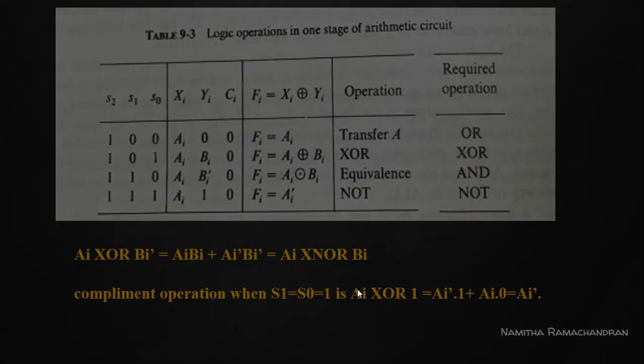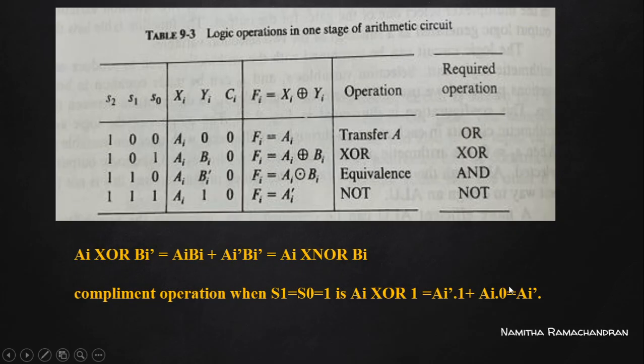Now we can consider the function table regarding this logical operation. Based on the information already discussed, in order to perform the logical operation, the selection line S2 must have the value 1. Using that, we can perform any kind of logical operations, right?